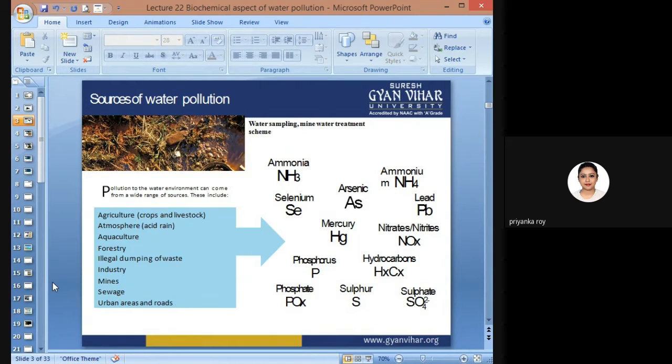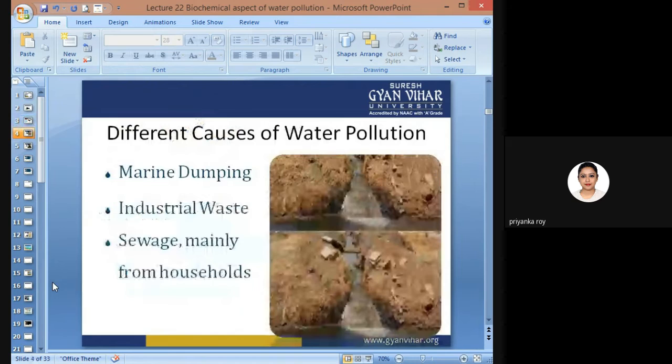They can contribute ammonia, arsenic, lead, selenium, mercury, then nitrites, phosphates, hydrocarbons, sulfates, and sulfur. All those are components that get diffused into the water sources.